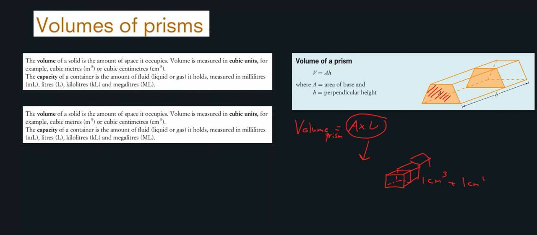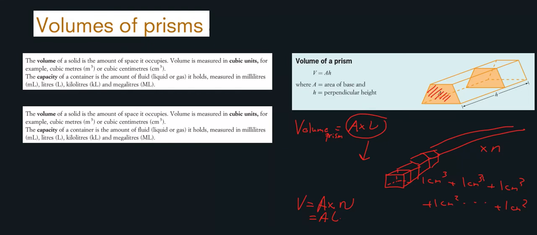Let's go back one more. Let's go back some more again. And let's go back n times. So we're going to have n of these 1 centimeter cubes. So the volume then is going to be the area of the cross section multiplied by n, and we call this n the length.